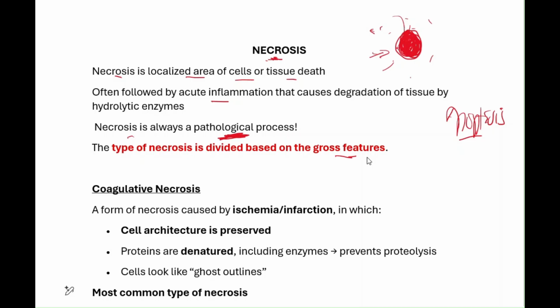If the tissue looks all liquefied, then you're going to call it liquefactive necrosis. If you see necrosis with a lot of cheese-like appearance, then we're going to call it caseous necrosis.